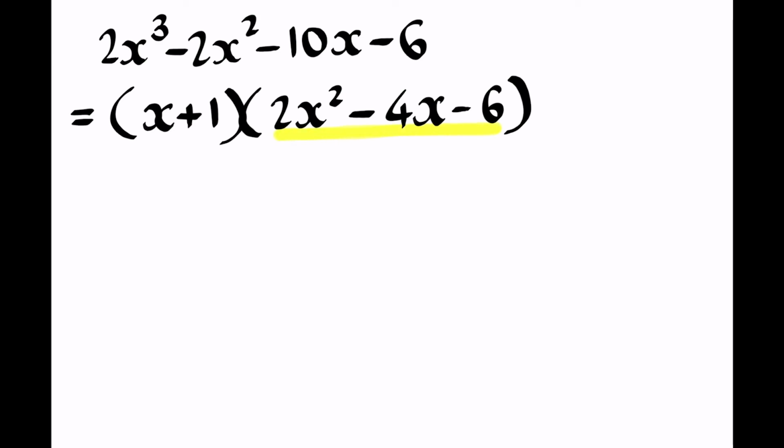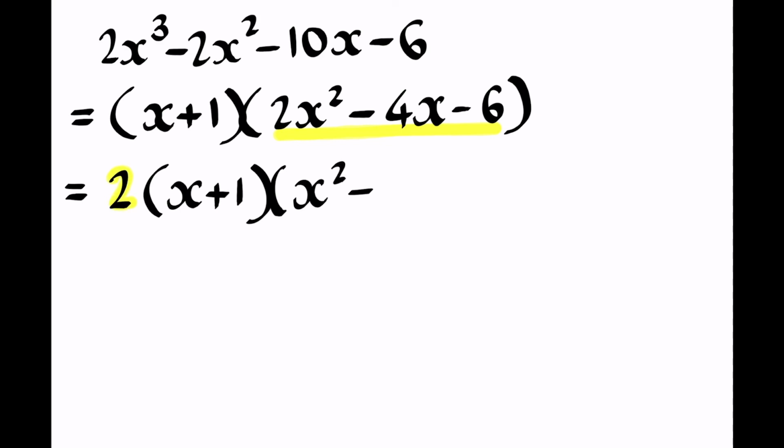Now I would be able to look at this trinomial over here and factorize it further. I would take out the common factor, because I can see that there's a common factor in that trinomial of 2. So I'll just put it outside the bracket, x plus 1. So that 2 came from that trinomial and I'd be left inside the bracket with x squared minus 2x minus 3.